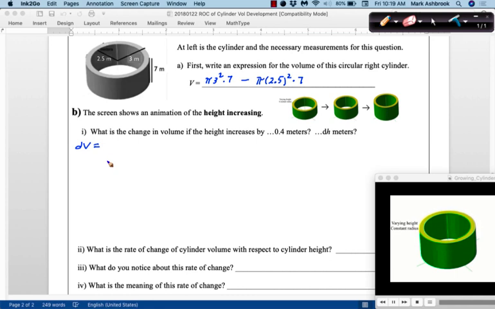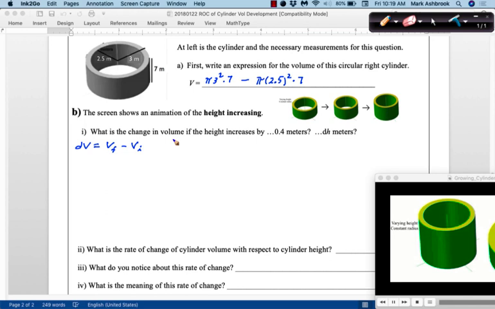Okay, so that would be one way to do it if we had a constant rate of change. What would another way be to write it? Final volume minus, right, you take your final volume minus your initial volume.